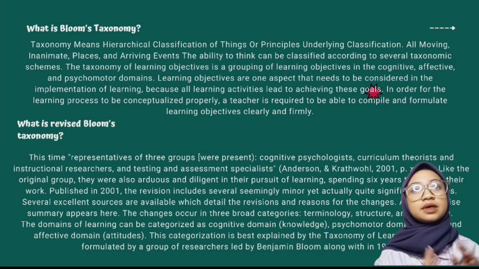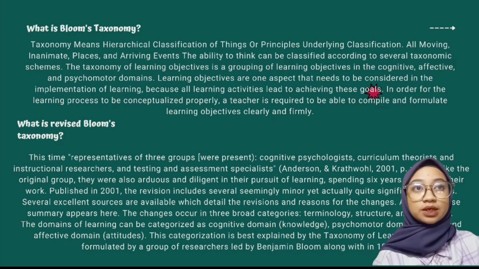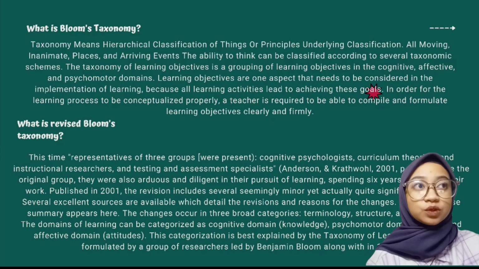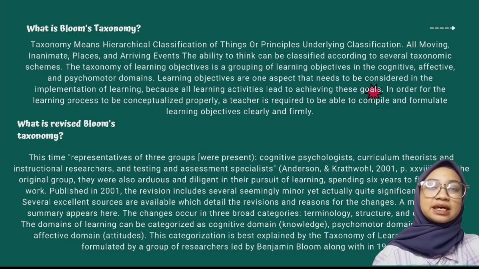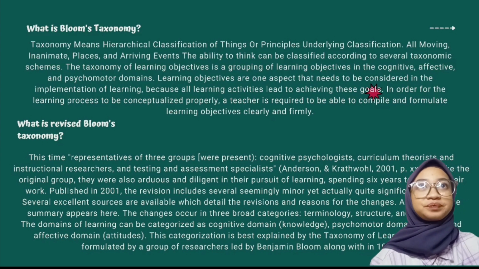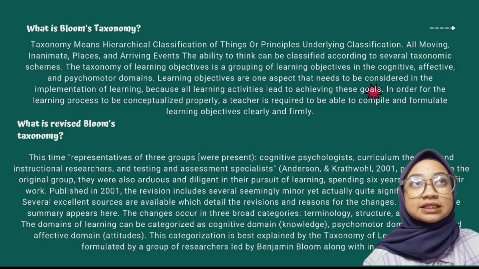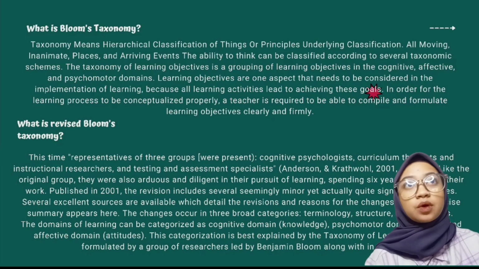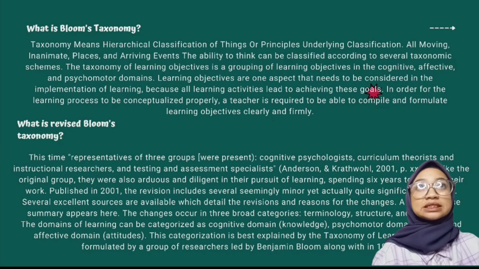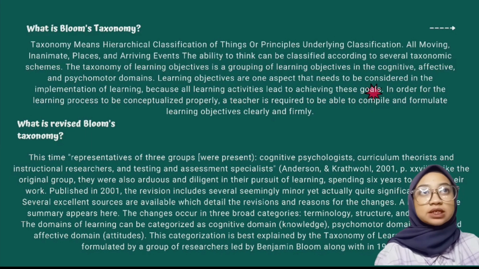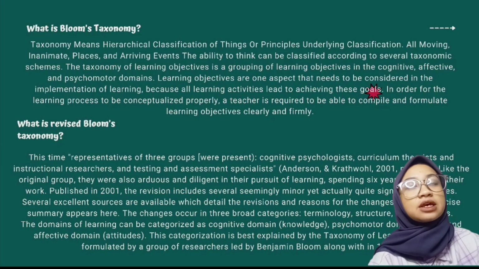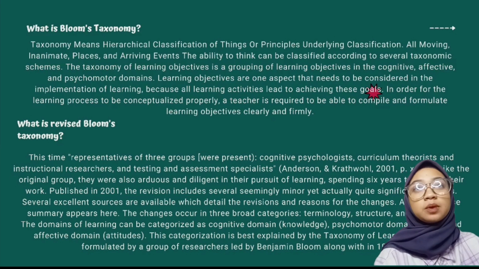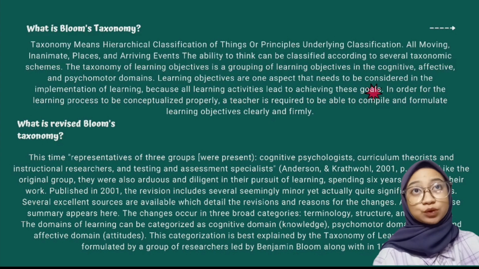This time, representatives were 3 groups: cognitive psychologists, curriculum theorists and instructional researchers, and testing and assessment specialists. Like the original group, they were also diligent in their pursuit of learning, spending 6 years to finalize their work, published in 2001.